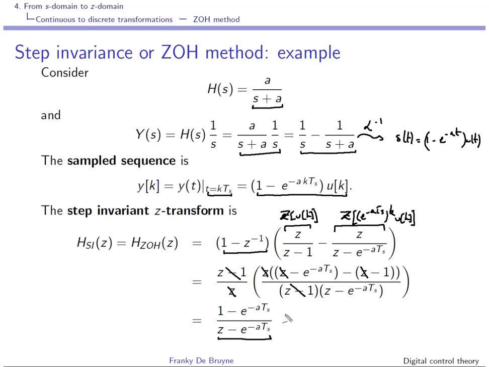You can see here now that the static gain of this transfer function is indeed 1. Remember that you replace z by 1, and obviously here the static gain is 1. This is kind of logical, because we have imposed that the step responses will have to coincide at the sampling instance, so therefore the static gain must coincide as well.